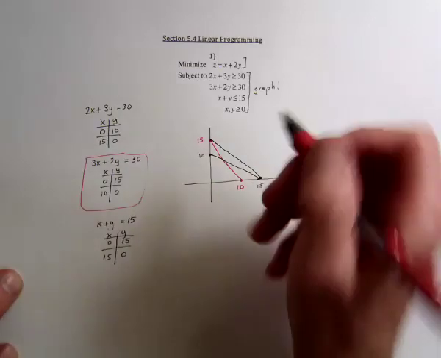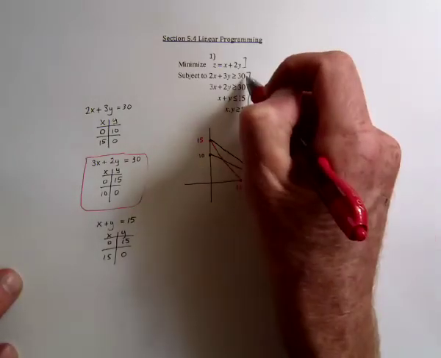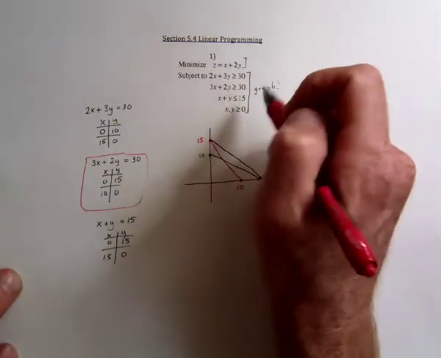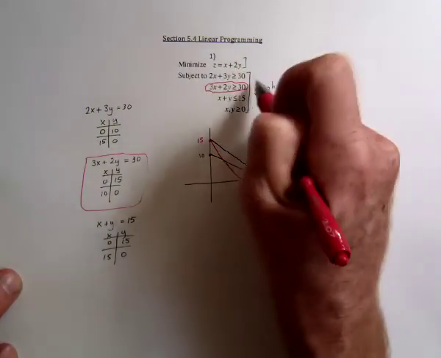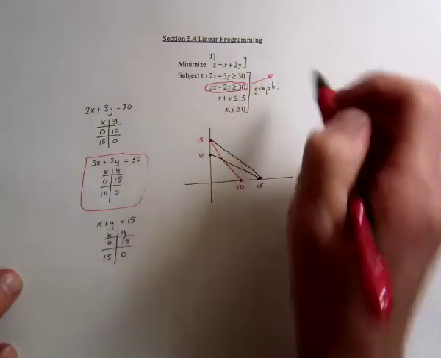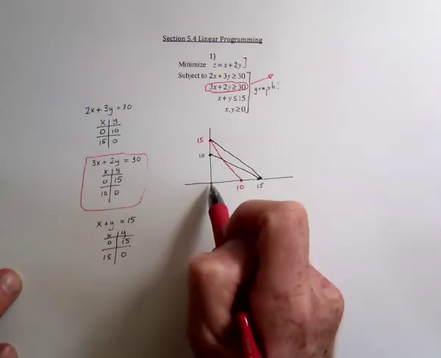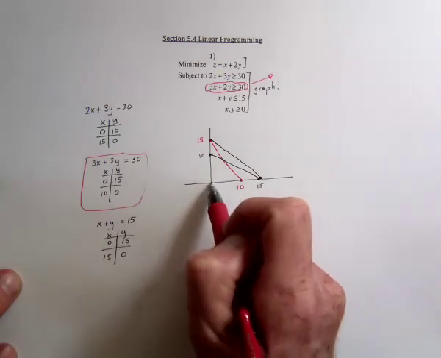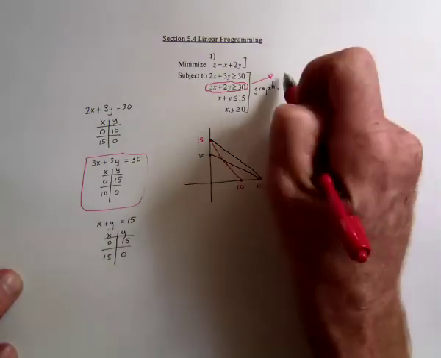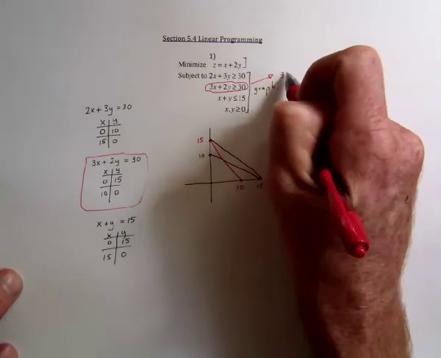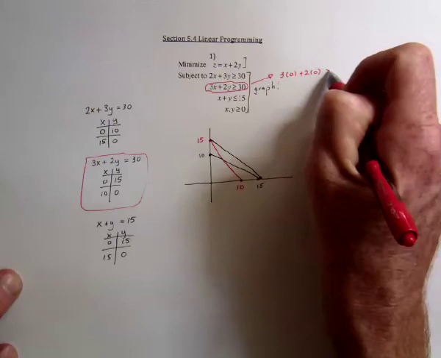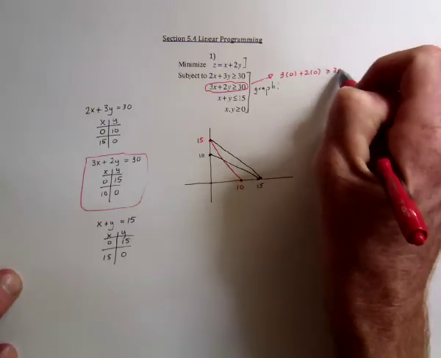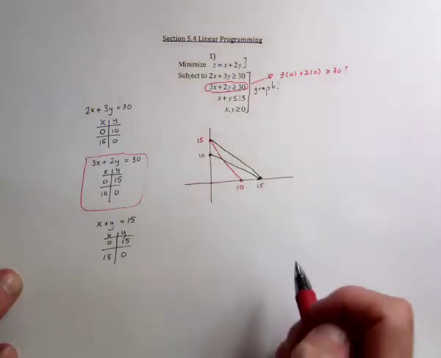And then as far as these, we can test. For example, this was the red one. So pick a point like 0, 0 to test. Should it be under the red line or above the red line? If you test 0, 0, it's going to say, is 0 bigger than or equal to 30?